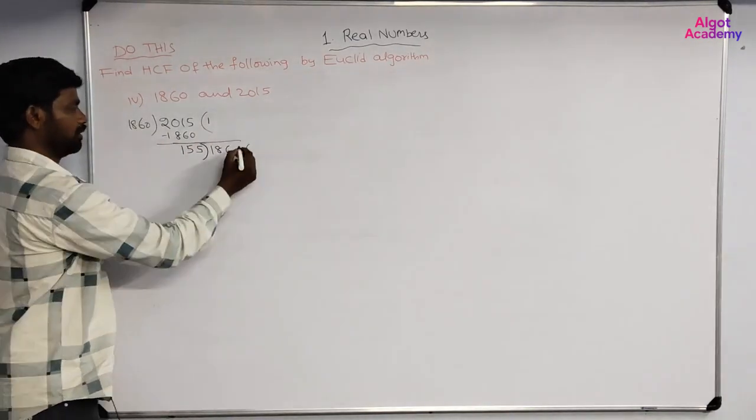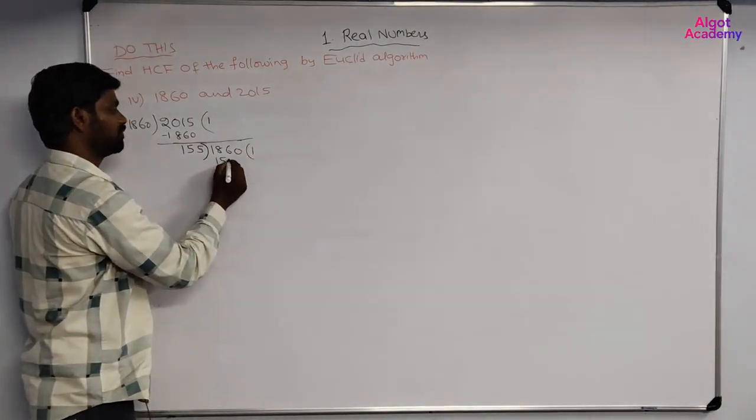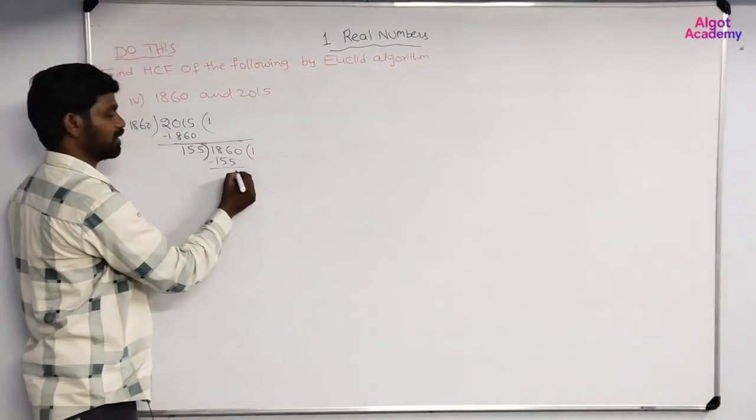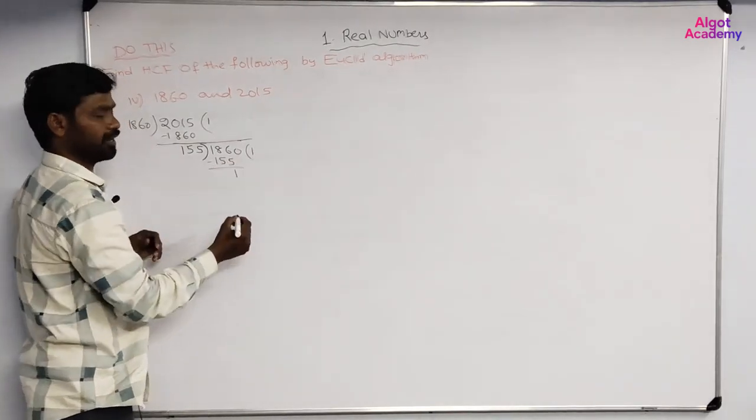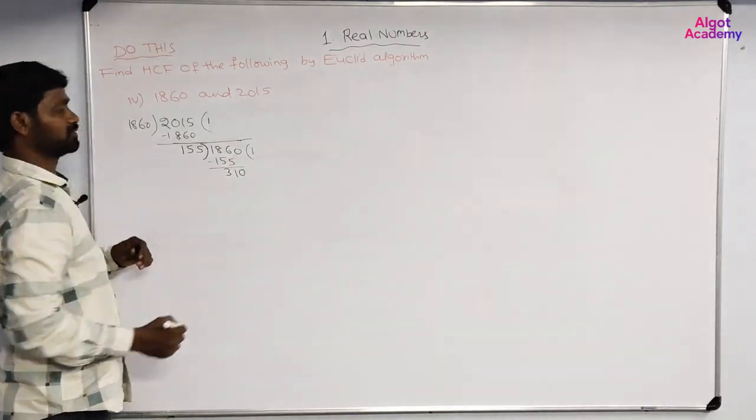So let us find. 155 ones is 155. Subtract it. 6 minus 5 is 1. 8 minus 5 is 3. Now bring this 0 down. Write here 0.